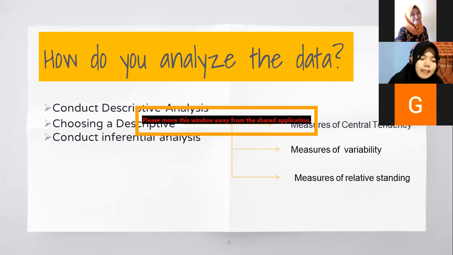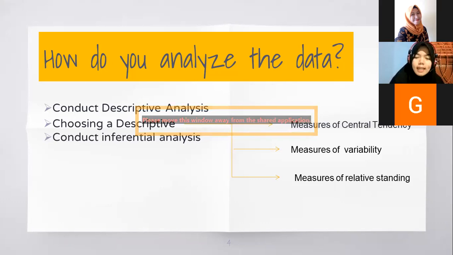And after that, the second one is measures of variability. Variability helps us indicate the spread of the scores in a distribution, which shows how dispersed the responses are to the items on an instrument.